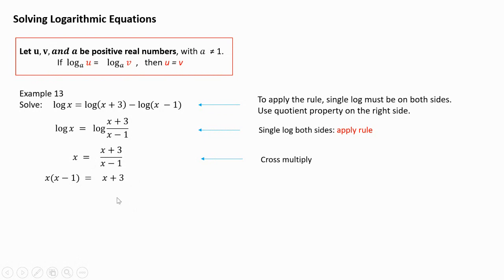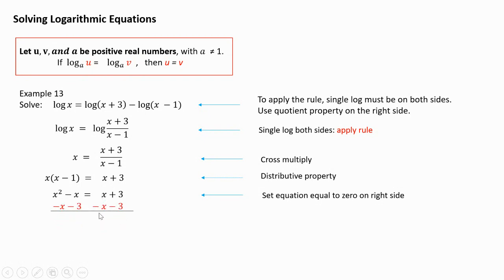Yes. Okay, now here I'm going to distribute. x times x will give me x squared, and x times negative 1 will give me negative x. This is like a quadratic, because we have a power of 2 there. So we have to set the equation equal to 0. That means all the terms on the right side must go to the left. So I'm going to subtract x from both sides and subtract 3 from both sides.